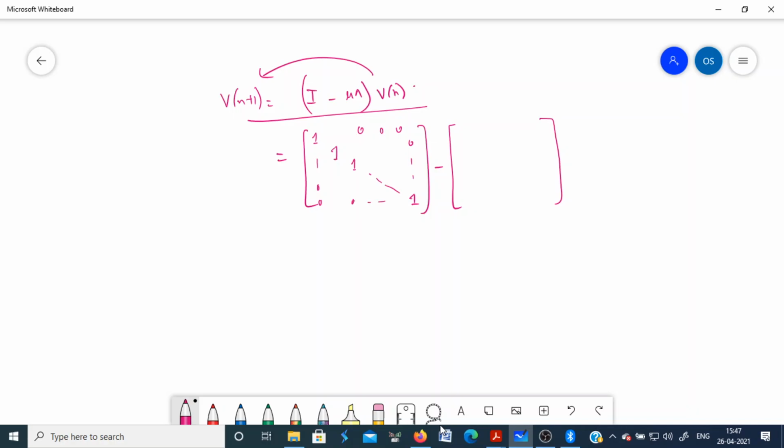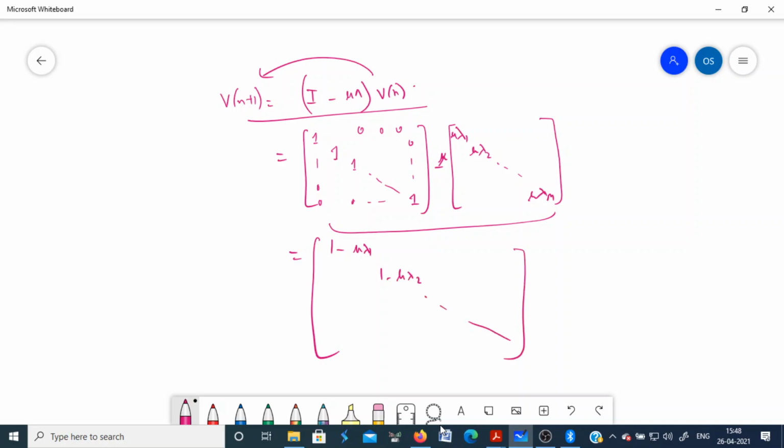Minus mu times lambda. Now, lambda is the diagonal matrix of your eigenvalues, that is lambda 1, lambda 2 up to lambda m. So this will be multiplied with your V(n). If you combine these two, mu will be multiplied with lambda 1, lambda 2 up to lambda m, and you find the difference, you get 1 minus mu lambda 1, then 1 minus mu lambda 2, and so on.